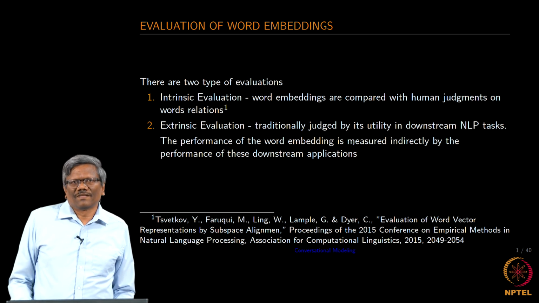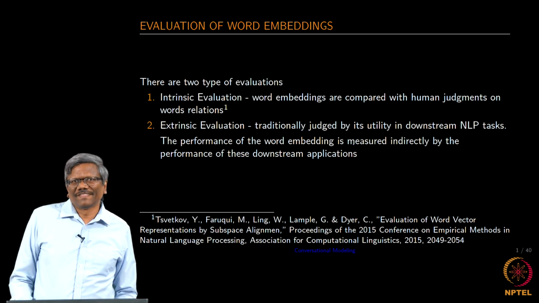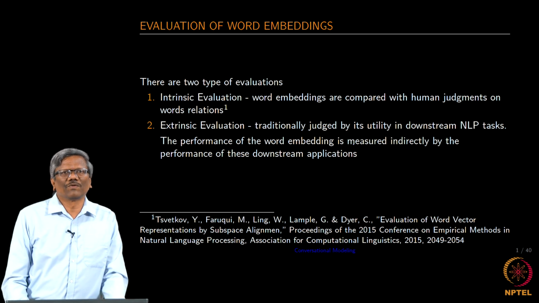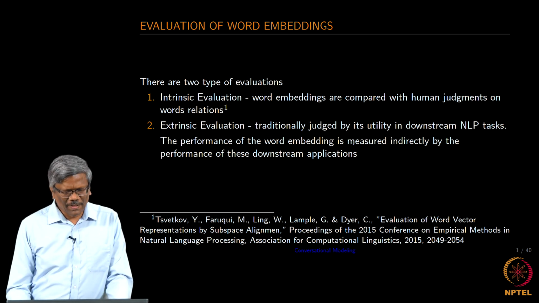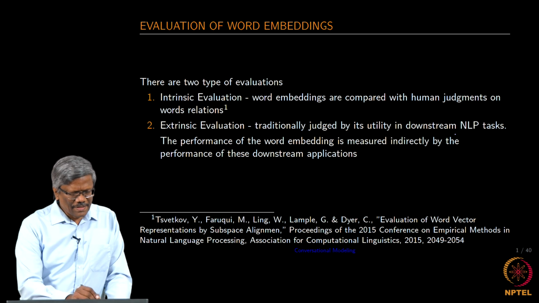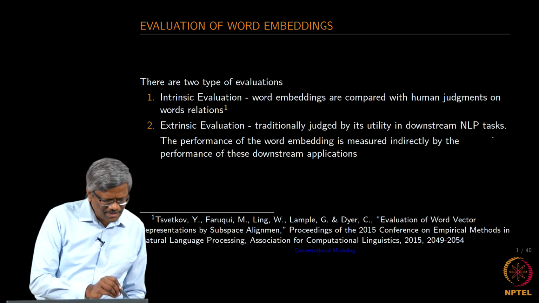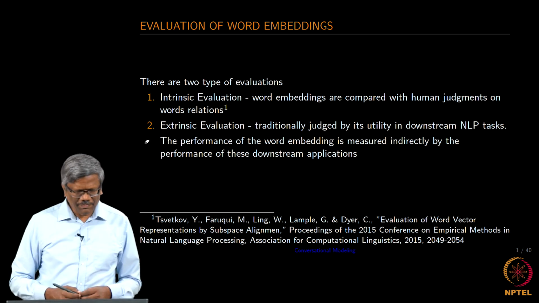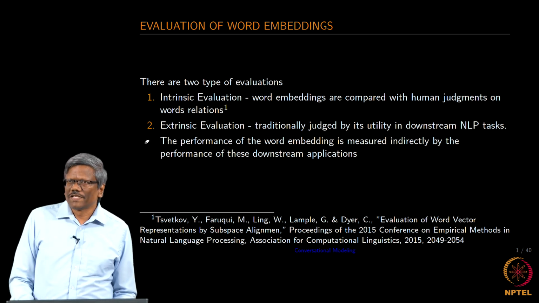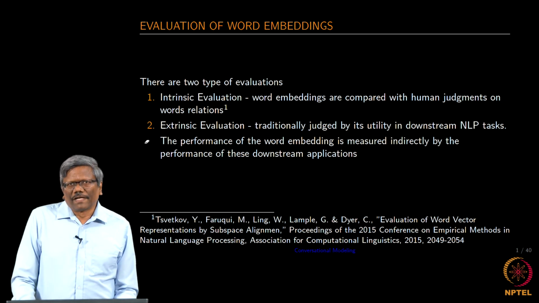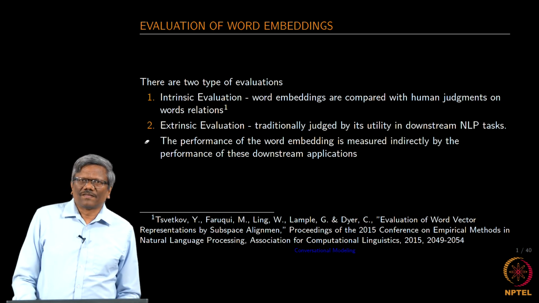So, this is the most important step, right, in order to really find the quality of the word vectors. So, one is to use the downstream applications, which is called extrinsic evaluation. It is very important for us to really measure the quality of those word vectors using extrinsic evaluation.